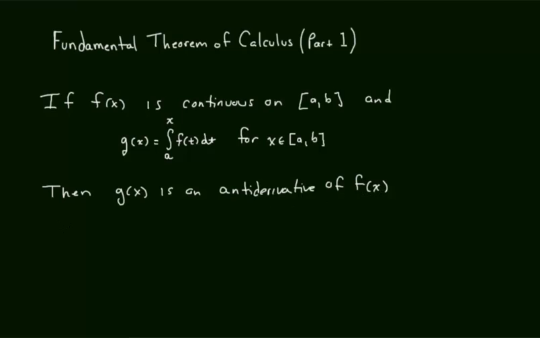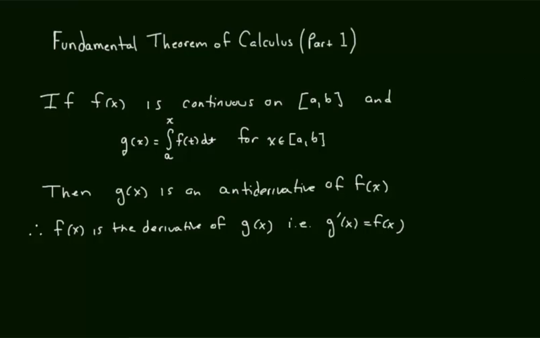But also, we want to say that f of x is the derivative of g of x. To say that differently, g prime of x equals f of x. This is like a therefore. The fundamental theorem of calculus, part 1.